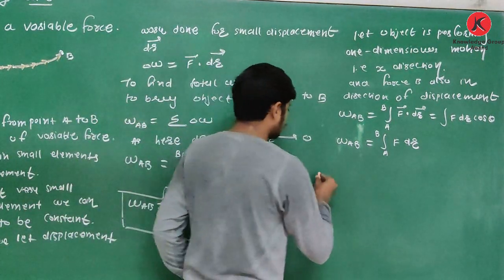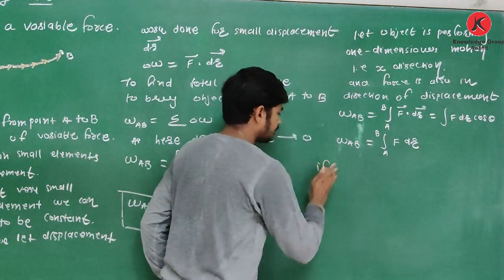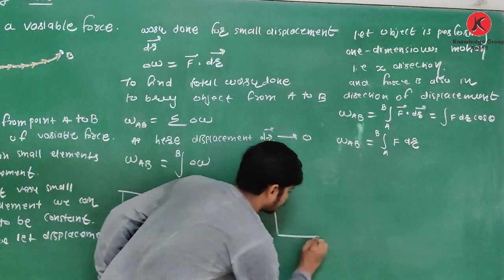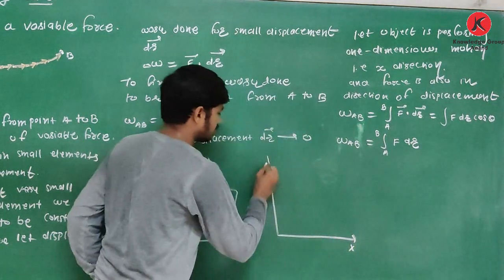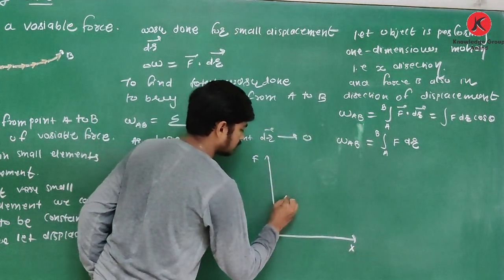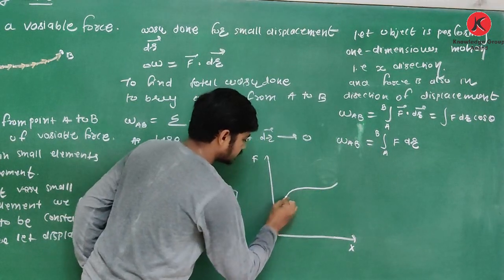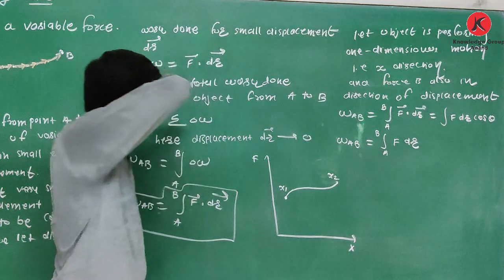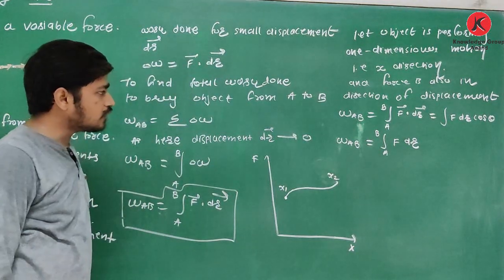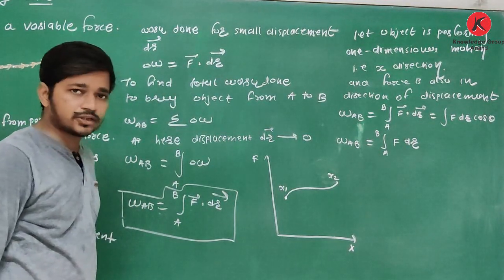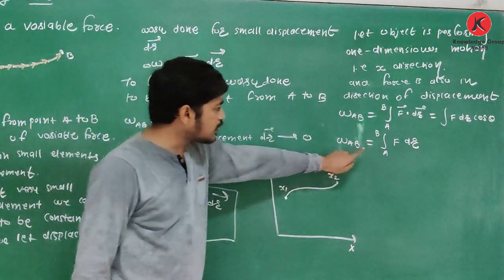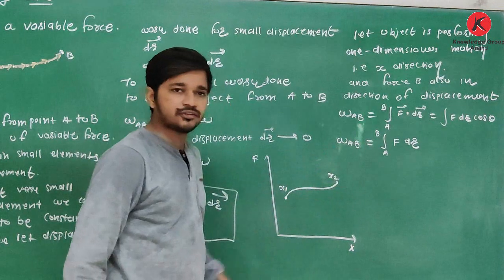For example, let it be one graph, with x on one axis and force on the other. The object is moving in one dimension from x1 to x2, under the effect of a variable force. Then how to modify this equation?